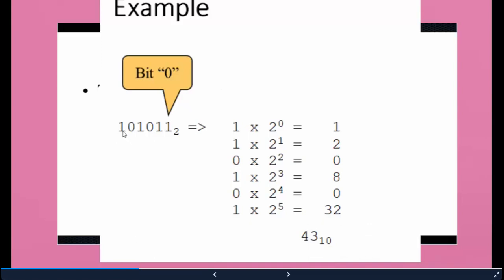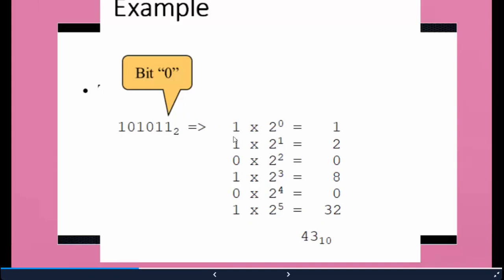Our aim here is to convert this from base 2 to base 10, or decimal. So this is binary because this is 2, and this is the decimal. So how do we do that? Since we are using binary, we use base 2.